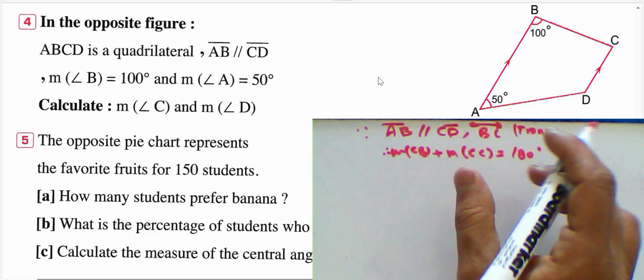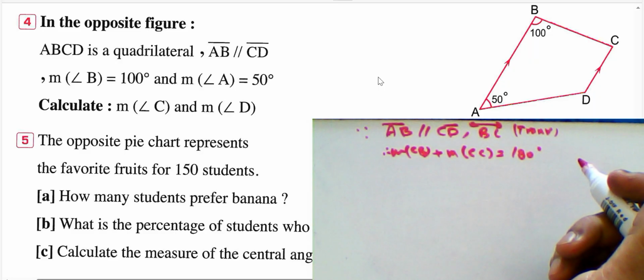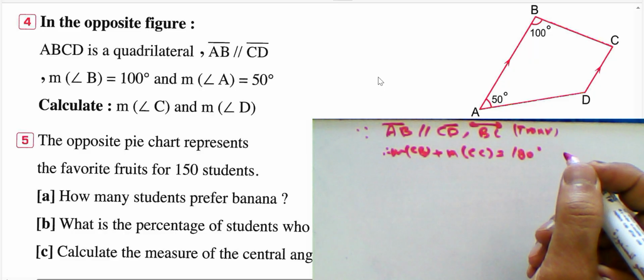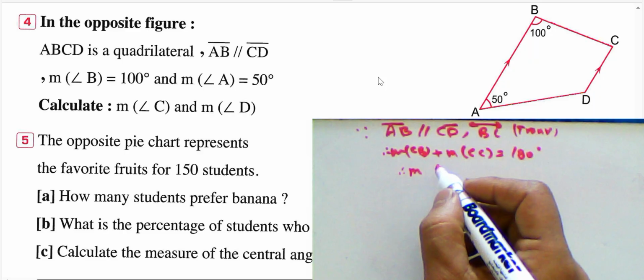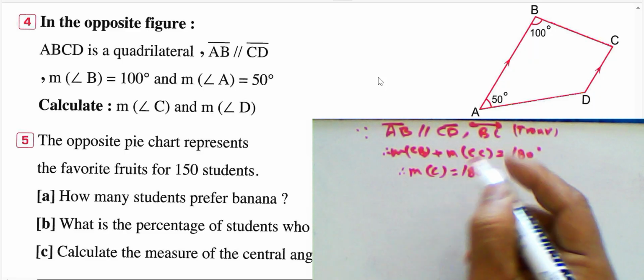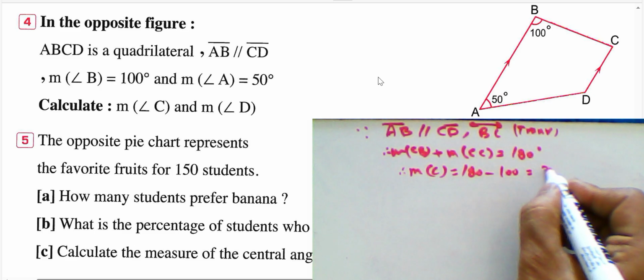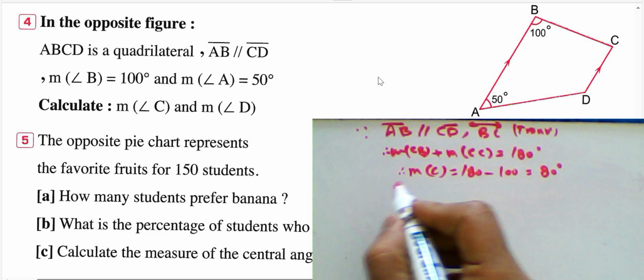We call them two interior angles on the same side of the transversal, supplementary angles. Okay, and also you can find the measure of angle C: 180 subtract the measure of angle B, 100, equal 80 degrees.